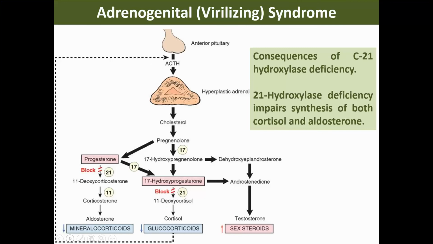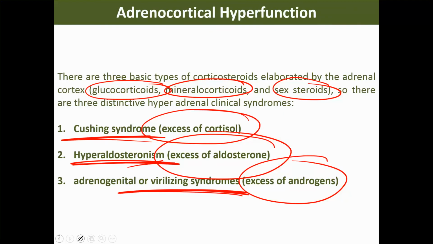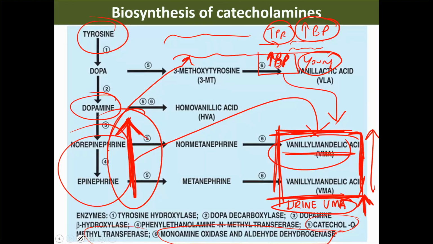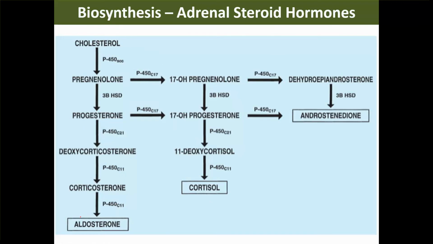Now coming to the adrenogenital virilizing syndrome, let's go back. Let me remove all this marker. I said they use cholesterol, they use hydroxylase enzymes to break down, and they produce these hormones.